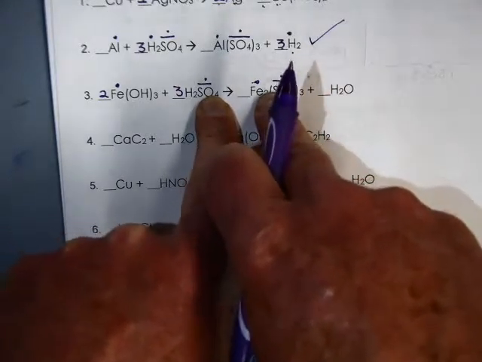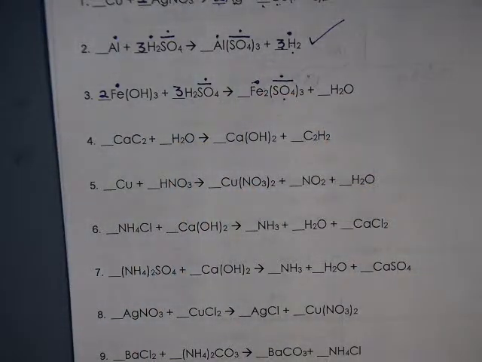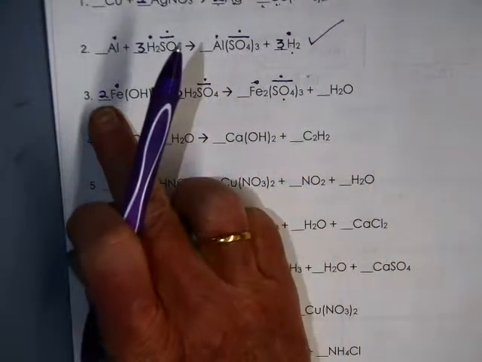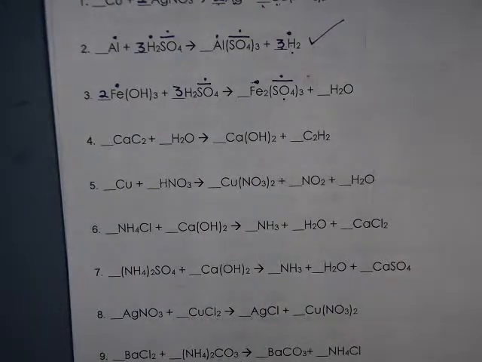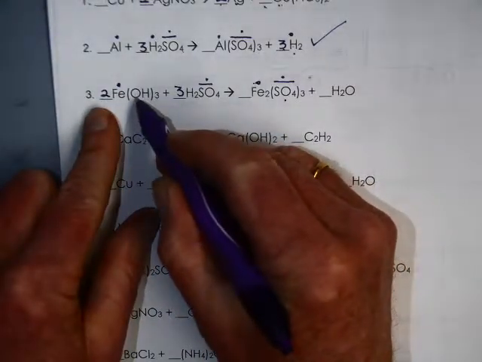They are out of contention. I look at here, how many oxygens do I have? Forgetting these guys on this side, how many do I have? Careful. 6. Right? 2 times 3 is 6.